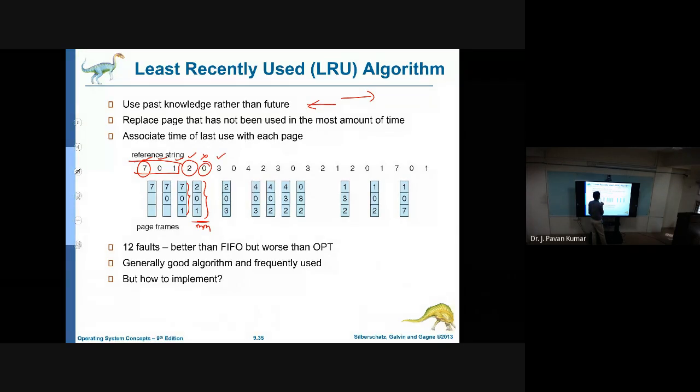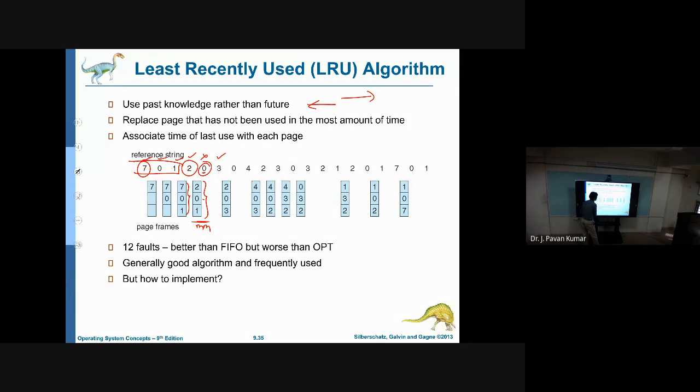How we can check is, we have loaded 0 first. Actually, out of these 3, 0 we have loaded first, but 0 we have used recently, right? So we will not choose 0 to replace. Next 2 we have loaded recently only, and we have used after this 0, prior to 0 we have used 2 as well.